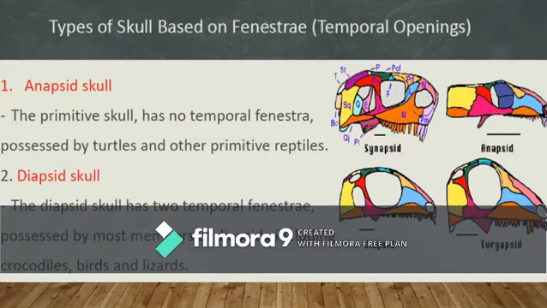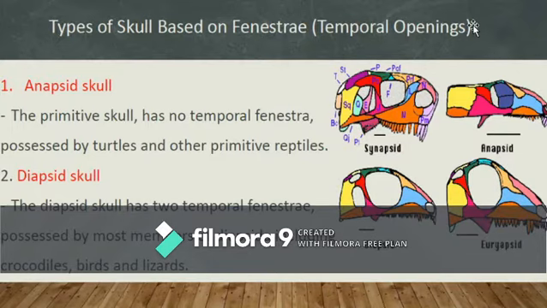Where is the temporal part? The temporal part is located on the lateral side of the skull. So above your ear, if you are going to touch your temporal part, that is above your ear or external ear. So that's the temporal part.